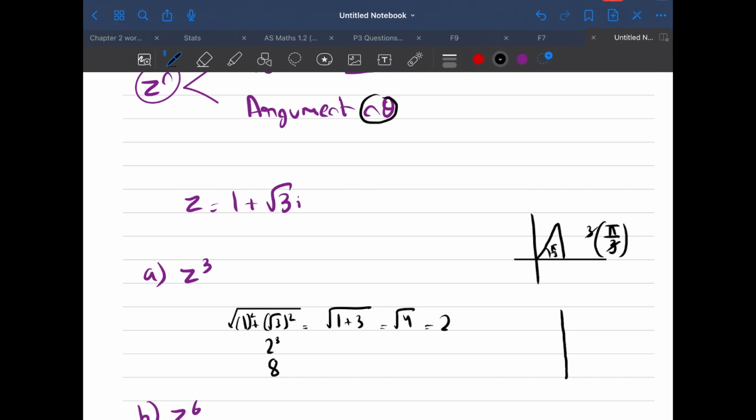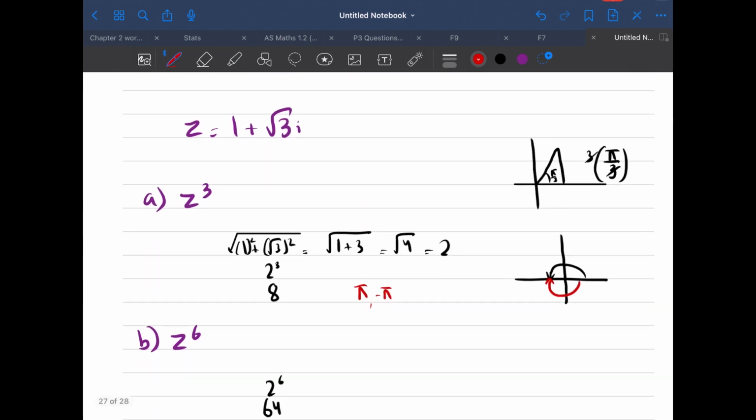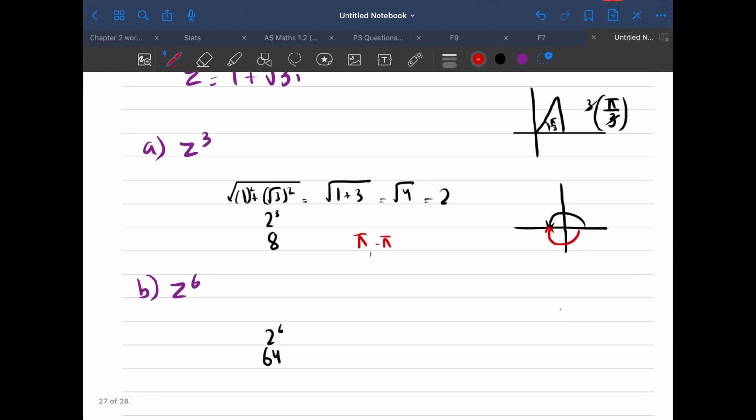So if I draw pi, it's going to lie here. So I can go clockwise or I can go anti-clockwise. So argument can be pi or minus pi. Do you get this? Z power 6 में pi upon 3 multiplied by क्या होगा 6. That's going to be 2 pi. So 2 pi means what? The starting line. That means my argument will be 0. Do you get this?